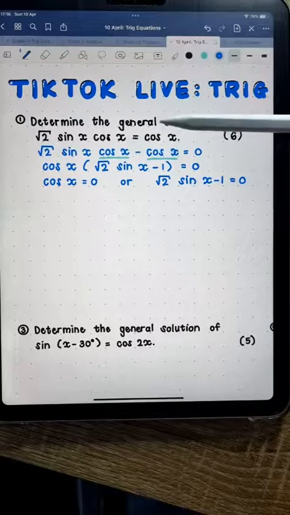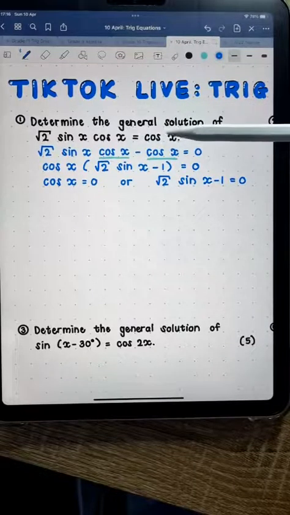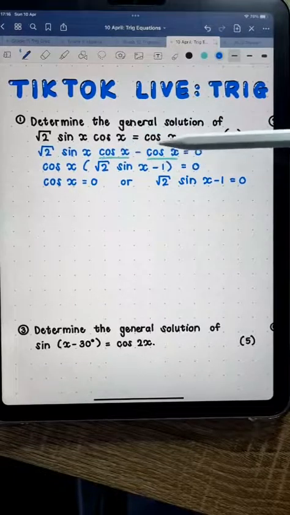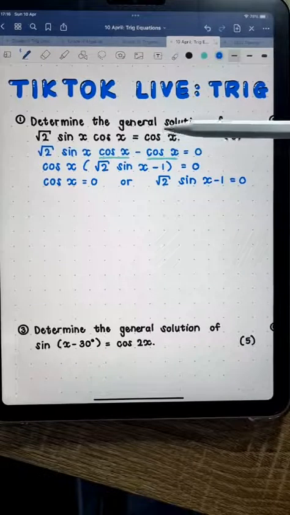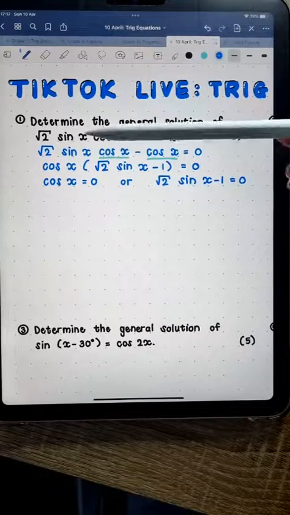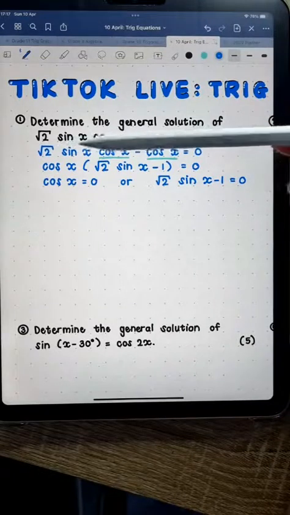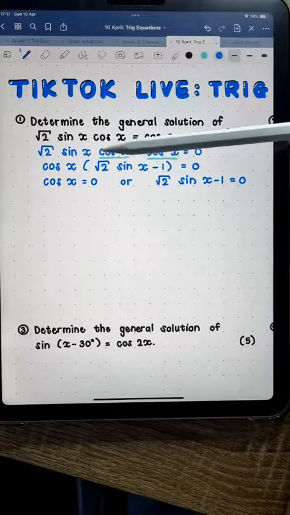So, like I said, this cos x, you move over to the other side. It's positive cos x here; when you move it, it becomes negative cos x. Then you take out cos x as a common factor. Remember, when you take something out as a common factor, you actually have to divide each term by that common factor. So root 2 sine x cos x, when you divide by cos x, leaves you with root 2 sine x.